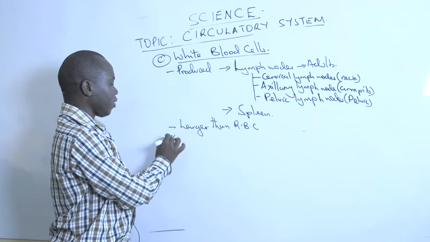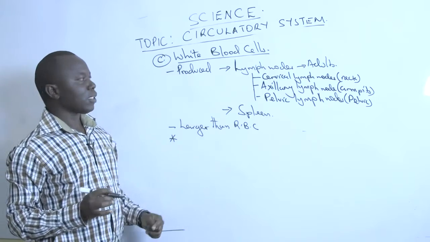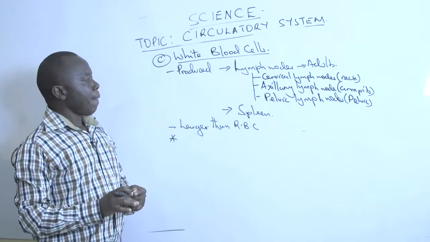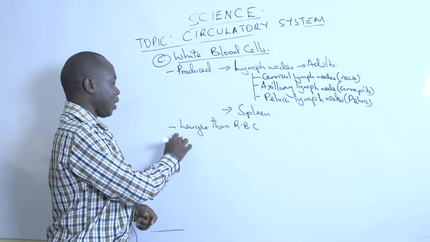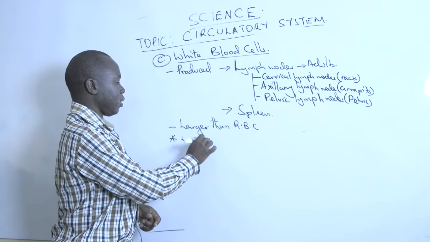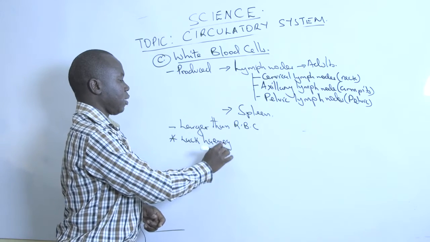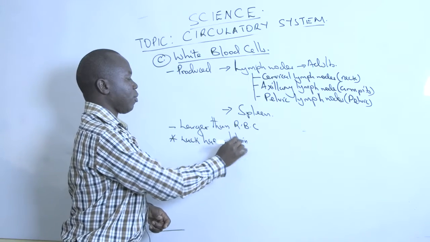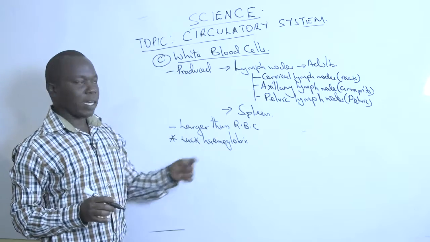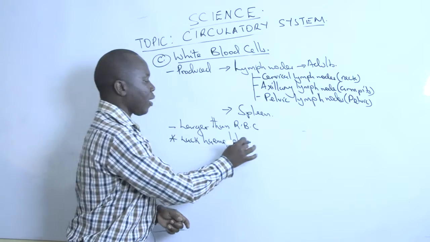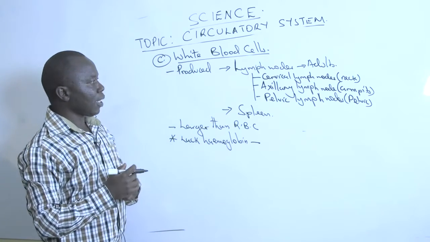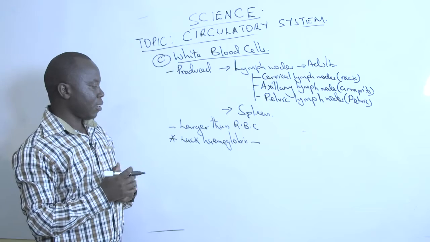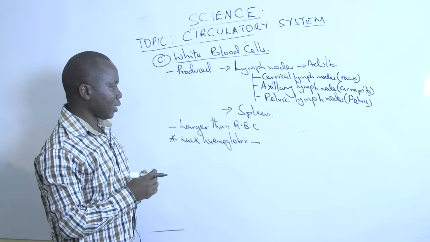And a very striking feature of white blood cells compared to red blood cells is that they lack hemoglobin. So because they lack hemoglobin, they are not red in color like the red blood cells.